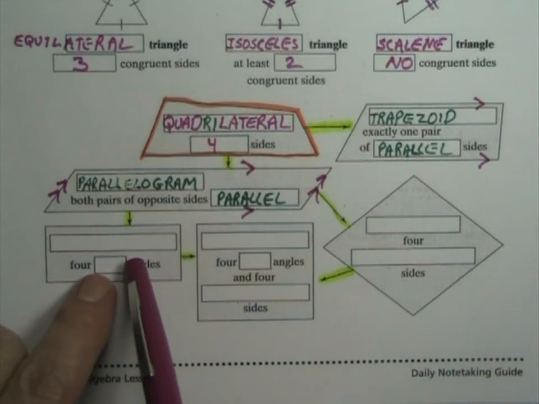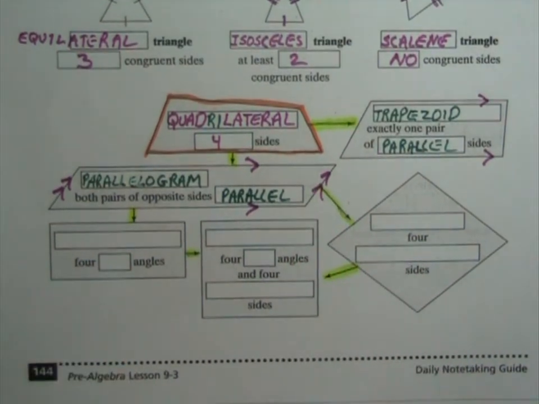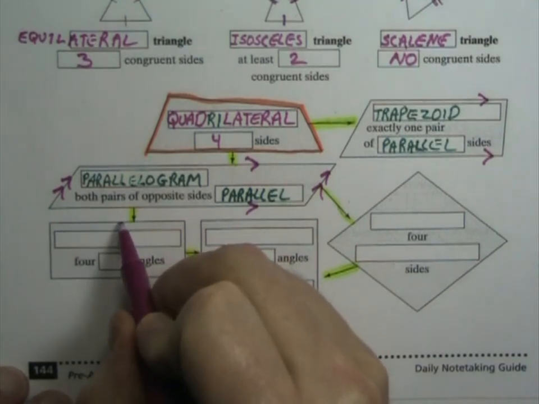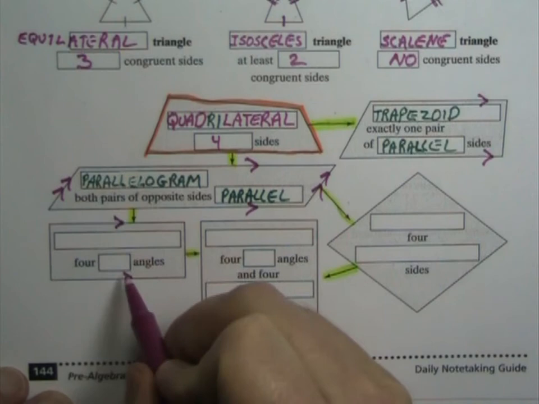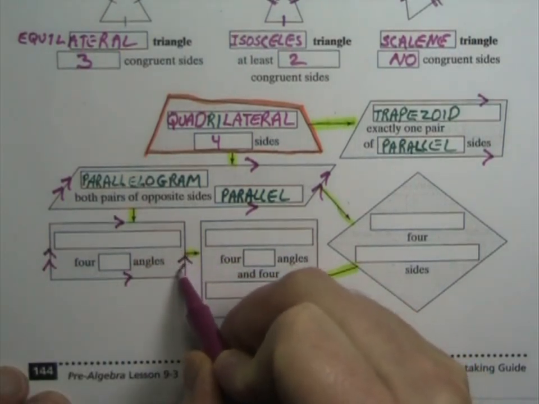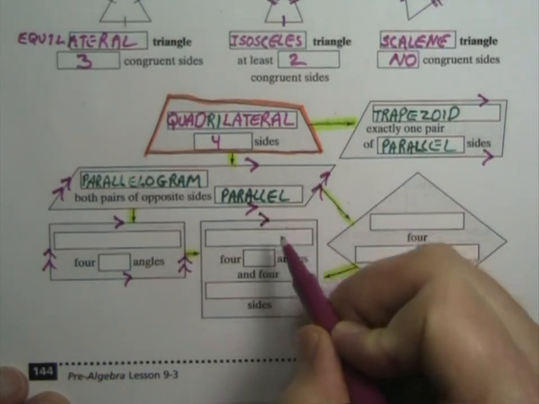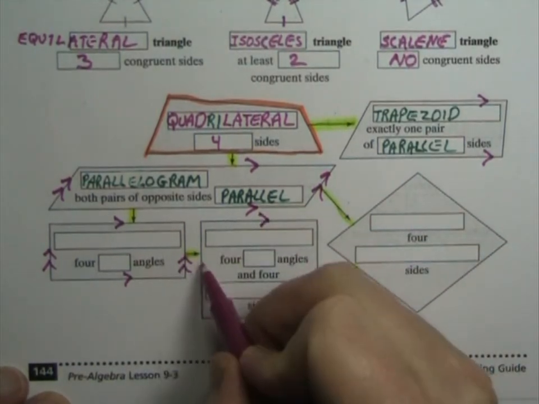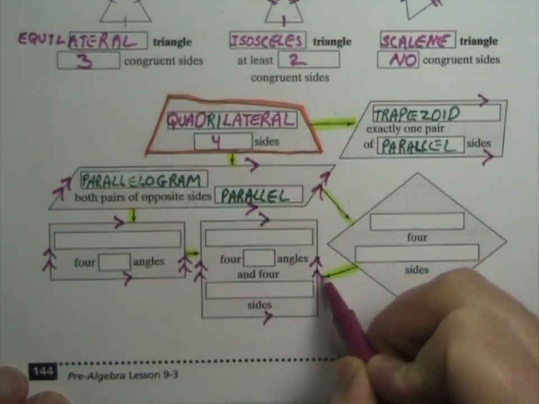So that means this one here, this one, and this one, since they're all parallelograms, have opposite sides that are parallel. And so I'm just going to go ahead and do those arrows right now. These 2 are parallel, and the other 2 are parallel. Same thing goes with this one. Top and bottom are parallel, and the 2 sides are parallel.